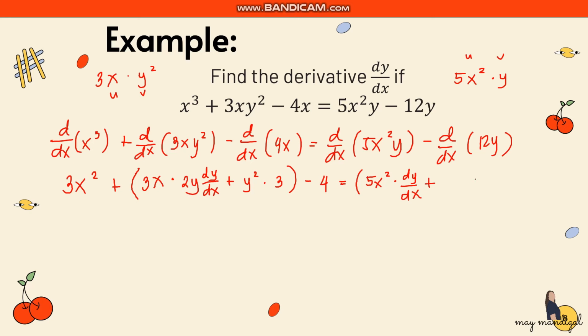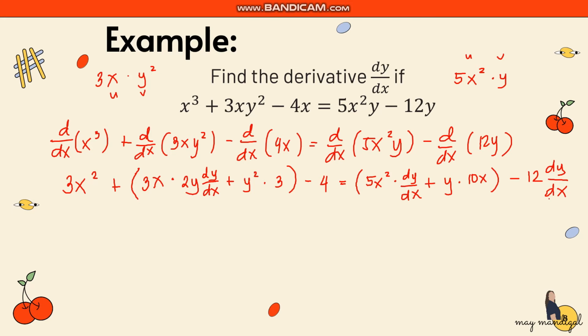Plus v du, the derivative of u, which is 10x. Minus, and then we have here 12y, the derivative of that is 12, and then attach again the dy over dx, and there you go, you already have the derivatives of each term.